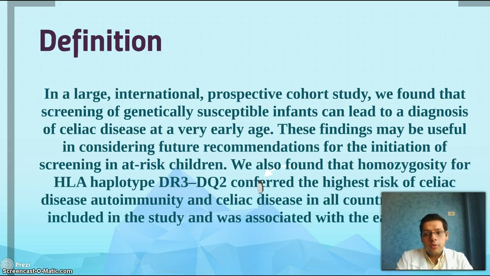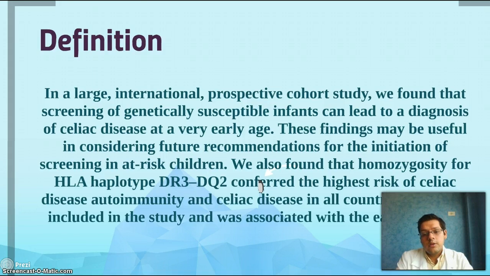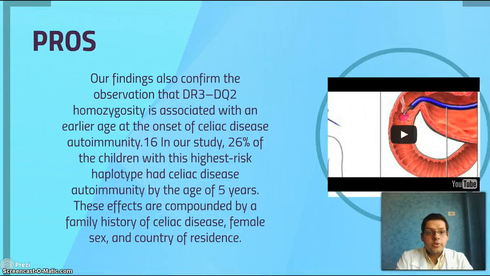We also found the homozygote for HLA allotype DR3 DQ2 confers the highest risk of celiac disease autoimmunity and celiac disease in all countries included in the study, and was associated with early signs. Pros.